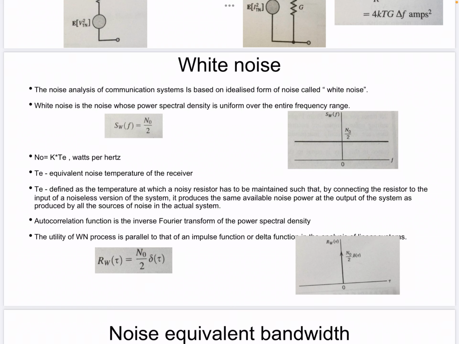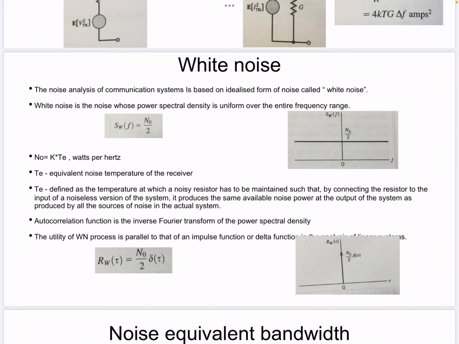The name white is used in the sense that white light contains equal amounts of all frequencies within the visible band of electromagnetic radiations. So we express the power spectral density of the white noise with the sample function denoted by W of t as S_W of f equal to N naught by 2. Also you can see in the diagram the power spectral density of S_W of f.